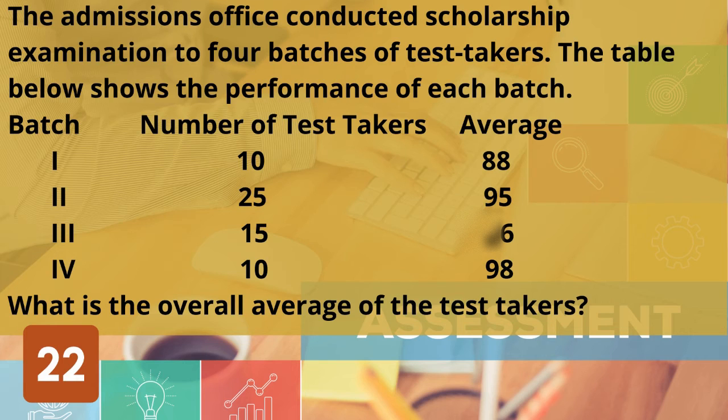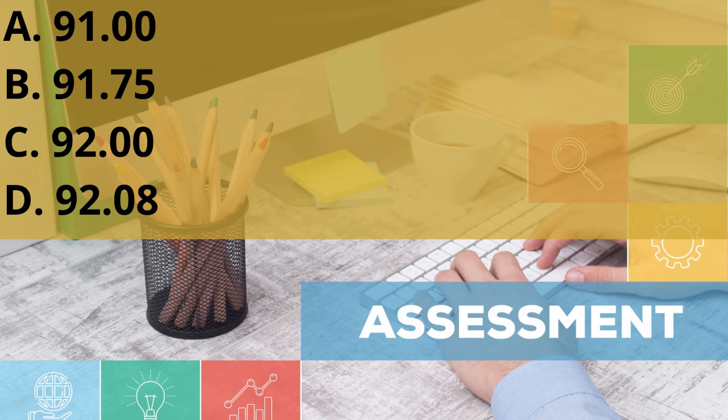Batch 3 has 15 takers with an average of 96. And batch 4, 10 takers with an average of 98. What is the overall average of the test takers? A. 91, B. 91.75, C. 92, D. 92.08.